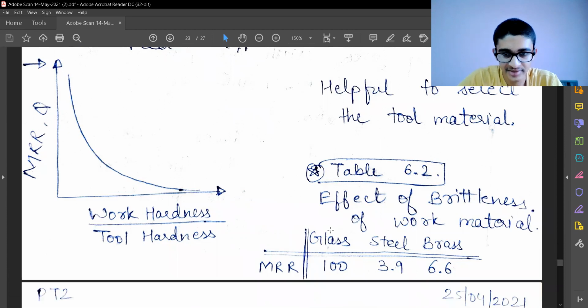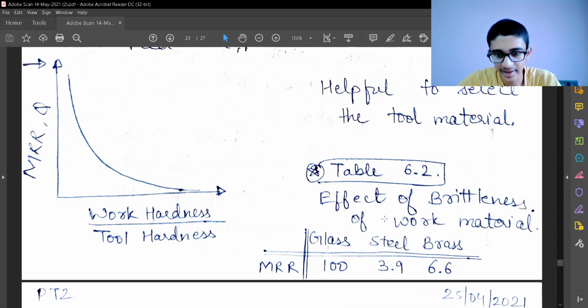And let's look at the effect of brittleness of work material. These are not exactly the Rockwell hardness values, but some kind of brittleness index. Glass is very highly brittle, so the MRR will be 100 for it. The steel is less brittle, so it has an MRR of 3.9 only.